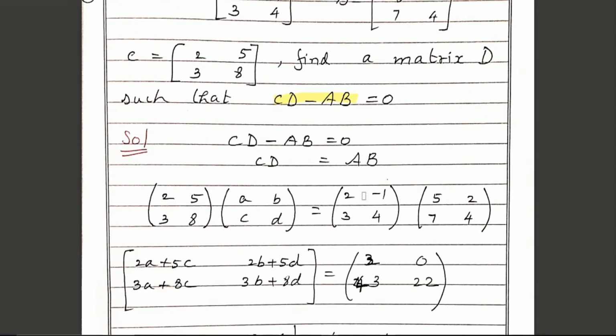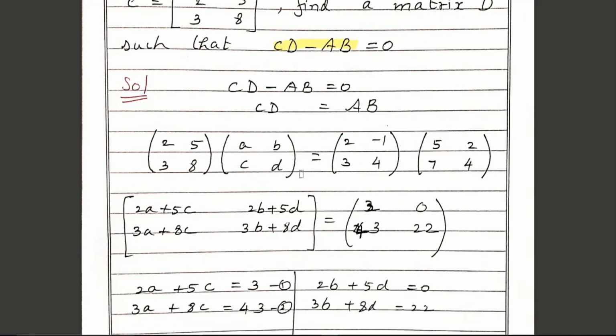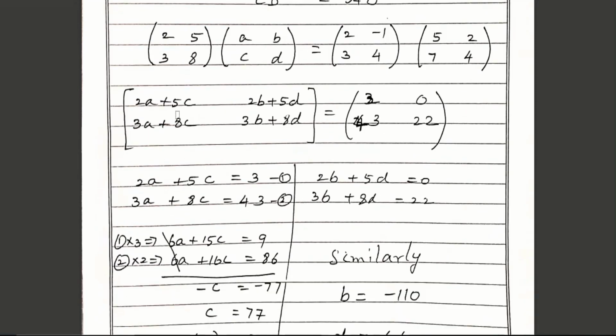On the right hand side, we know what the A matrix is and what the B matrix is. Similarly, on the left hand side we know the C matrix, but the D matrix we don't know. But we can find the order of D, 2 by 2, because A is 2 by 2, B is 2 by 2 and the resultant matrix is 2 by 2. So C is 2 by 2, and D also must be 2 by 2, then we will get this answer.